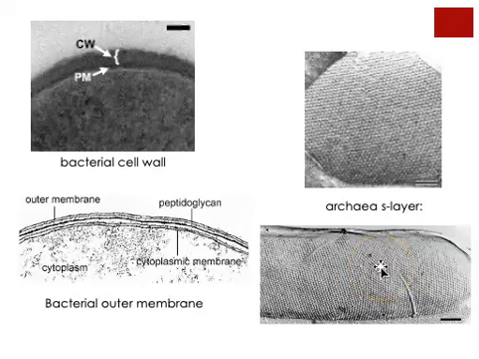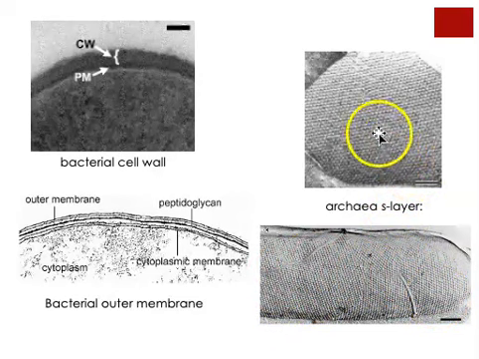The difference with the scanning type is that it shows us the surface details. I want you to look at the surface of this archaeal cell, this S layer. It almost doesn't look real. It almost, to my eyes, looks like this cell is covered in an ace bandage.